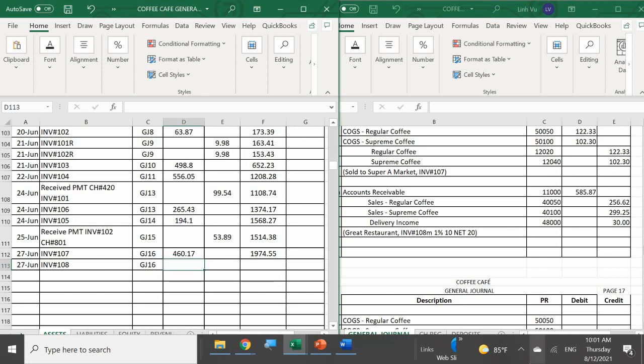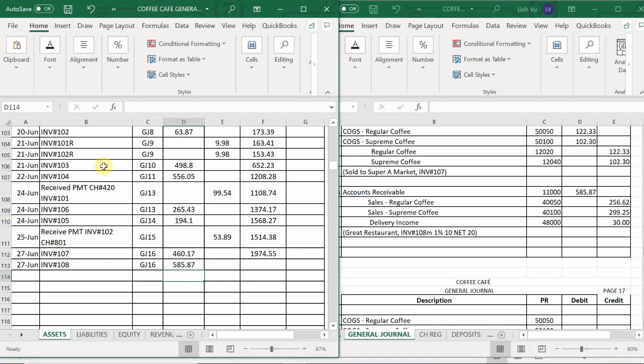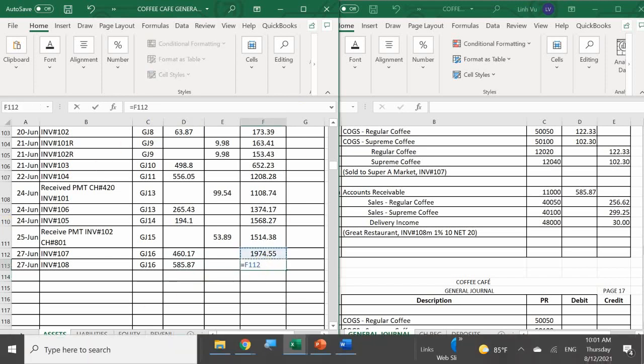And we debited the amount for 585.87, which then should give me a running balance of $2,560.42 that people owe me.